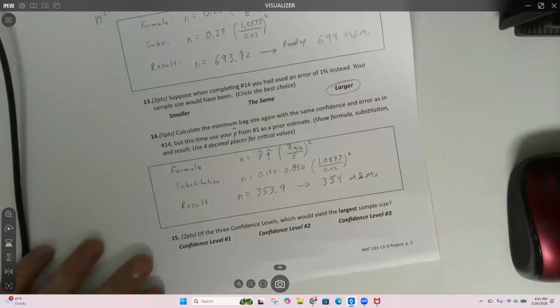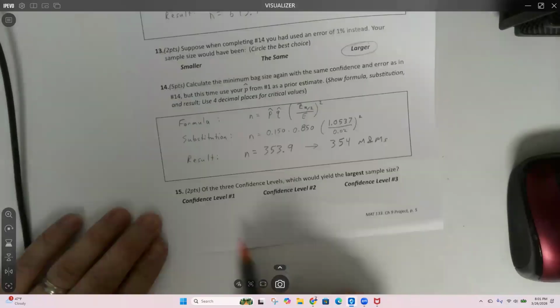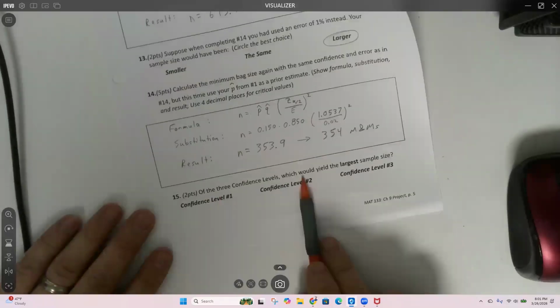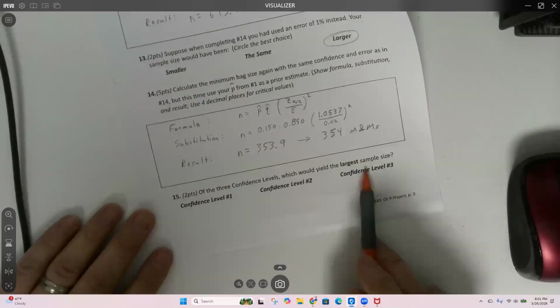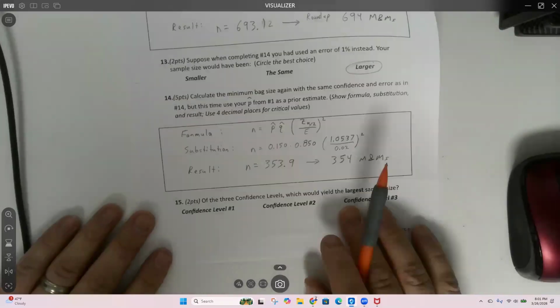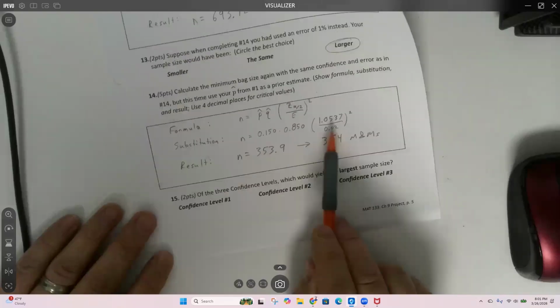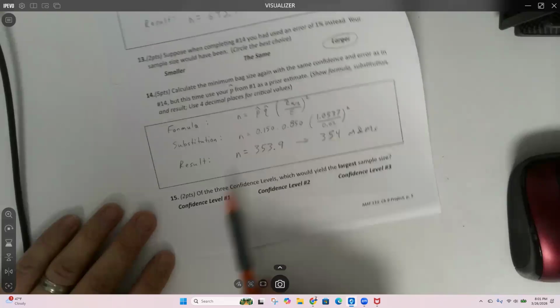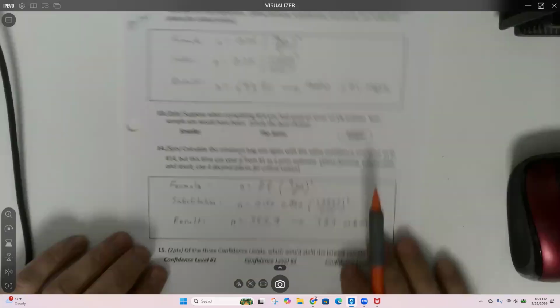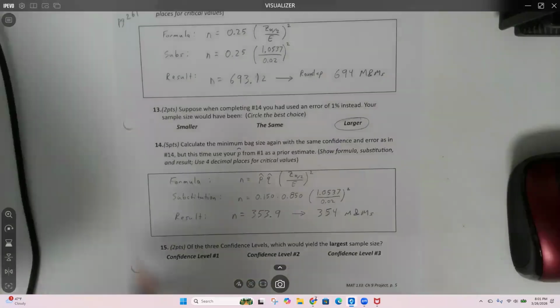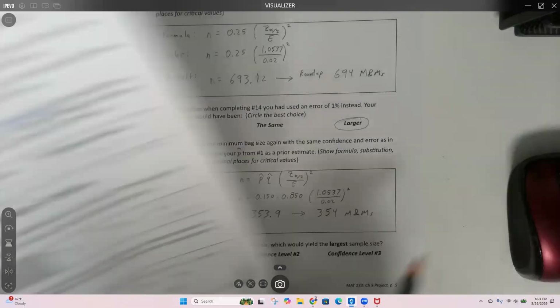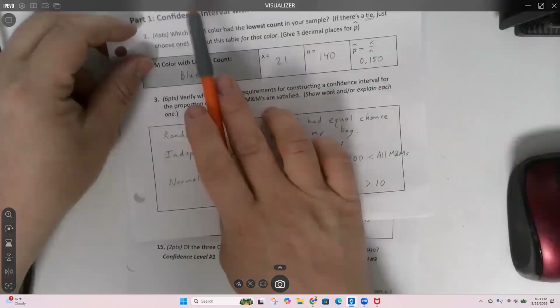All right. Lastly, of the 3 confidence levels, which would yield the largest sample size? Yes, Gabby, you're going to use the same confidence as number 3. Here are my 3 confidence intervals.